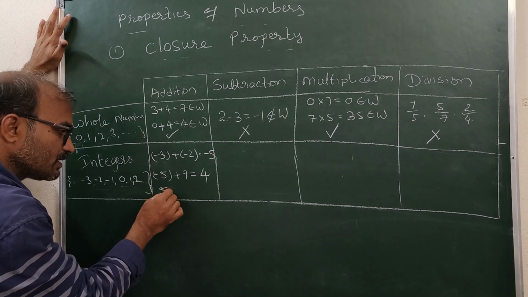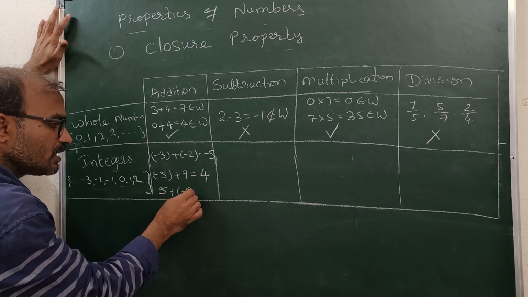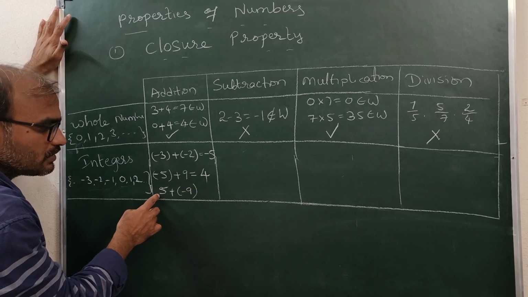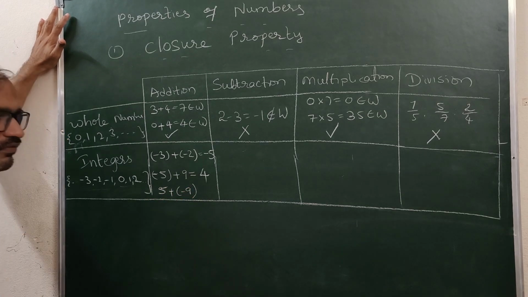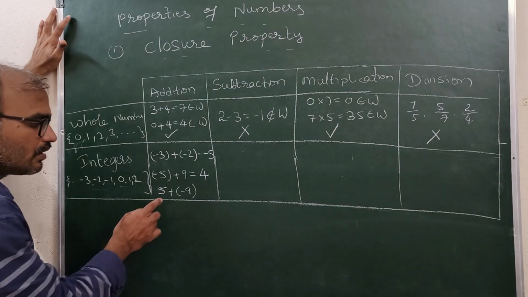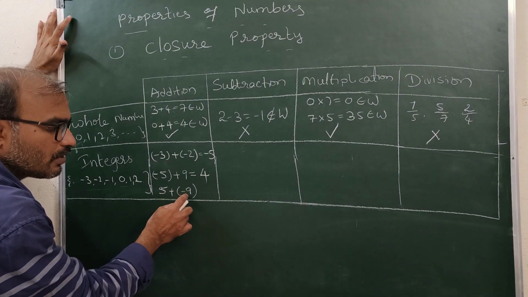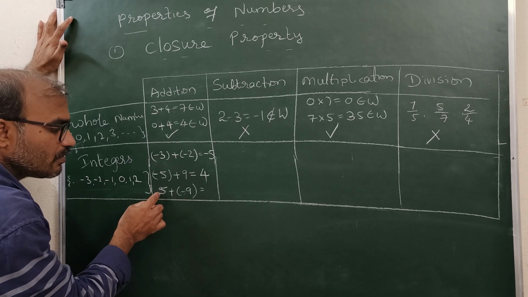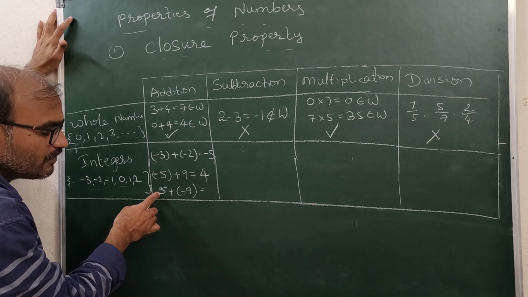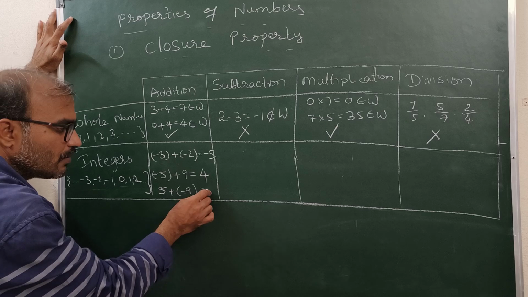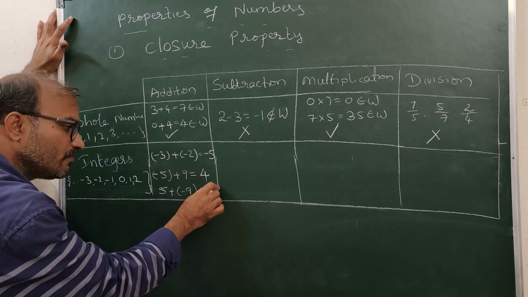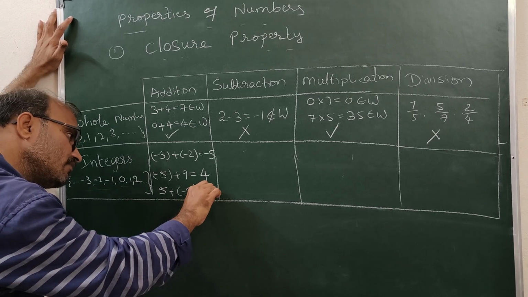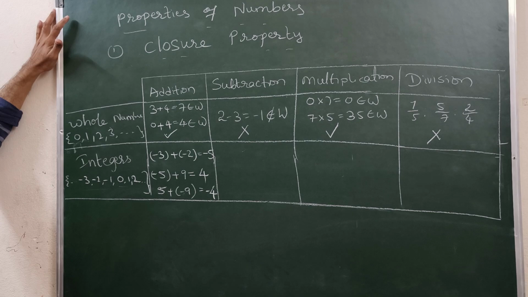Now take 5 plus minus 9: you have 5 rupees but a borrow of 9 rupees. If you clear 5 rupees, you will still have a borrow of 4 rupees, so minus 4. Think like that.